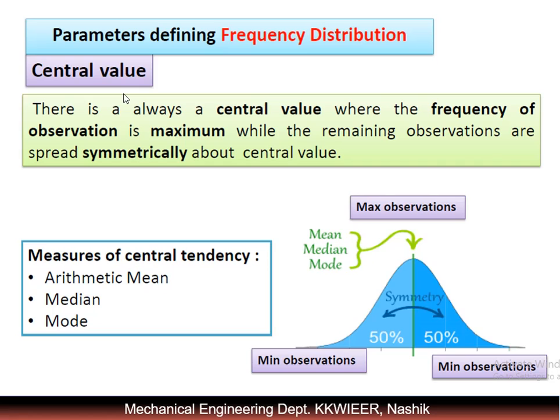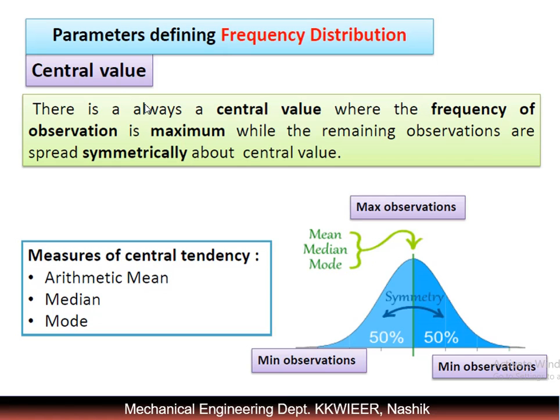Then parameters for defining the frequency distribution. There are 3 parameters, as we have discussed earlier, to define a frequency distribution. First is the central value. There is always a central value for any kind of data where the frequency of observation is maximum, while the remaining observations are spread symmetrically about the central value like a bell shape.